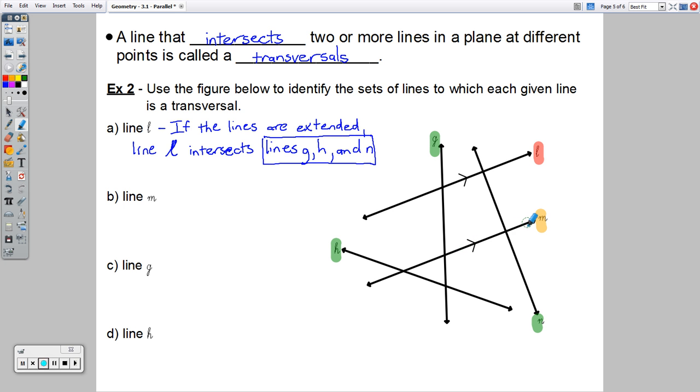It looks like you don't even need to extend the lines out forever in this one because it crosses right here, and right here with respect to those lines N, G, and H. So on this one, line M, I'm just going to write out what lines it is a transversal to. So this one is lines G, H, and N once again.